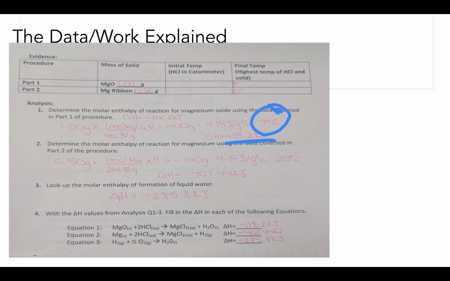The other reaction was with a strip of magnesium reacting the same way with hydrochloric acid, and then getting that temperature change, figuring out that delta H. And then the last one is just knowing the heat of formation of water and getting that from our data booklet.